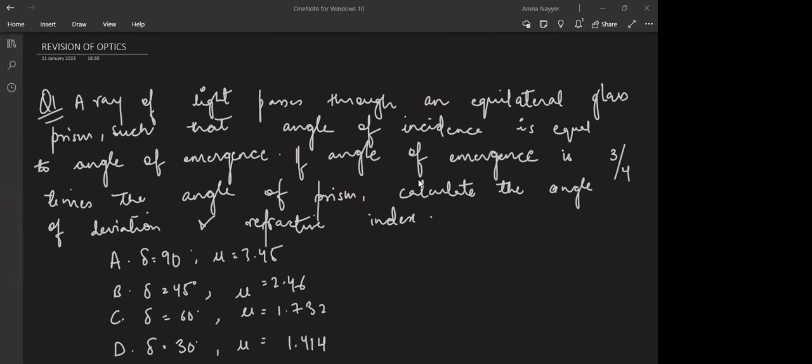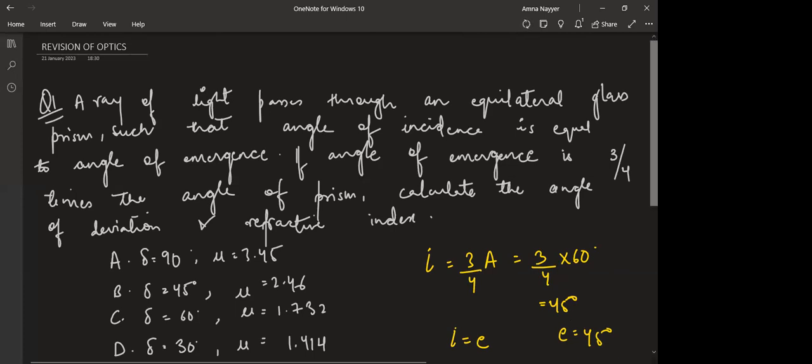You have angle of incidence 3/4 times the angle of prism. Right, so angle of prism for an equilateral prism will be 60 degrees. This becomes 3/4 of 60 degrees, that is 45. So i is 45 degrees and i is equal to the angle of emergence, so e will also be 45 degrees. Now in the position of minimum deviation, you know that r is equal to A by 2.